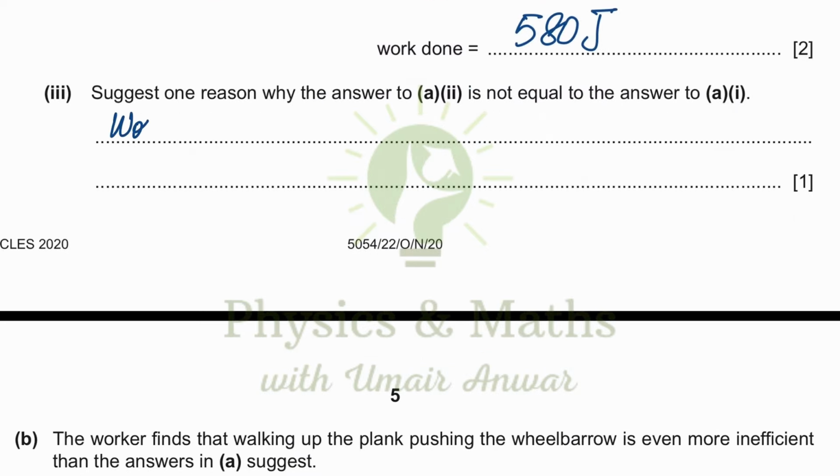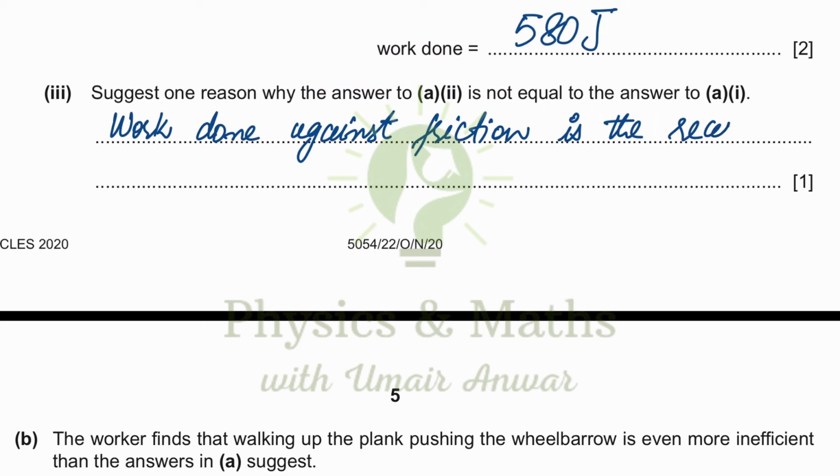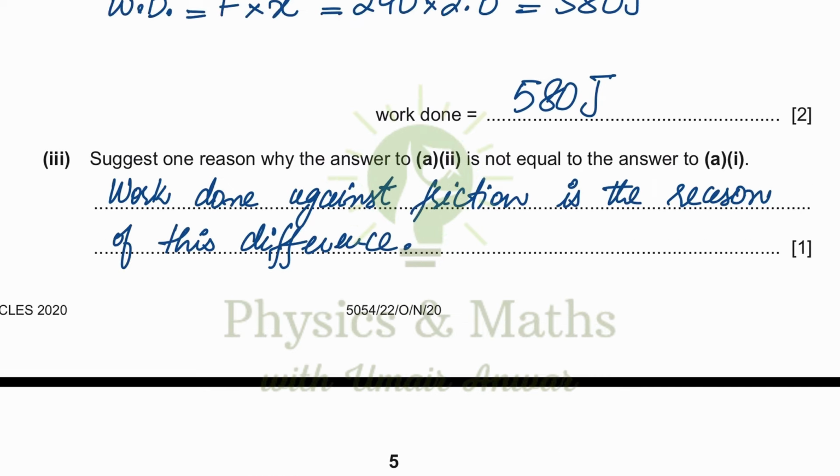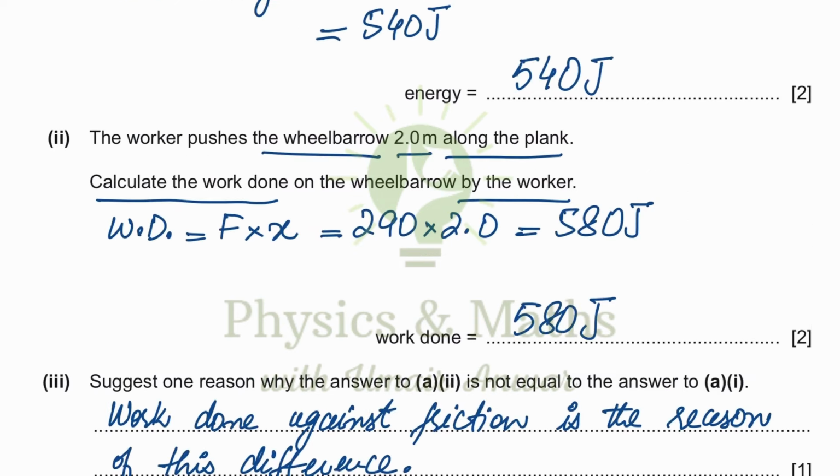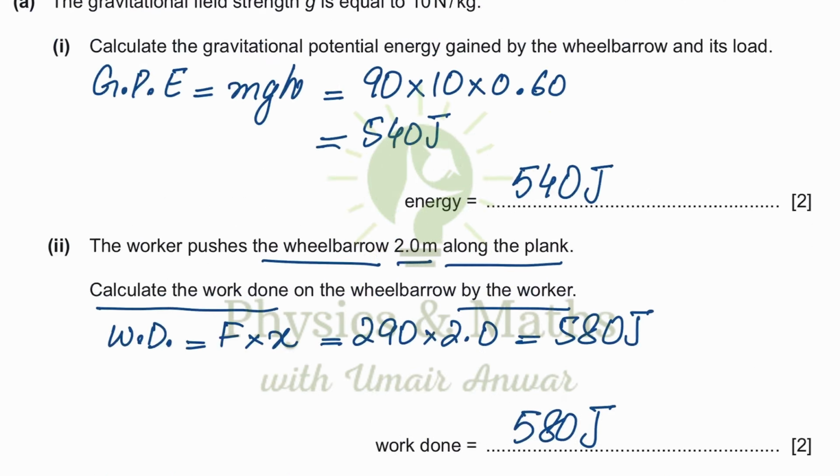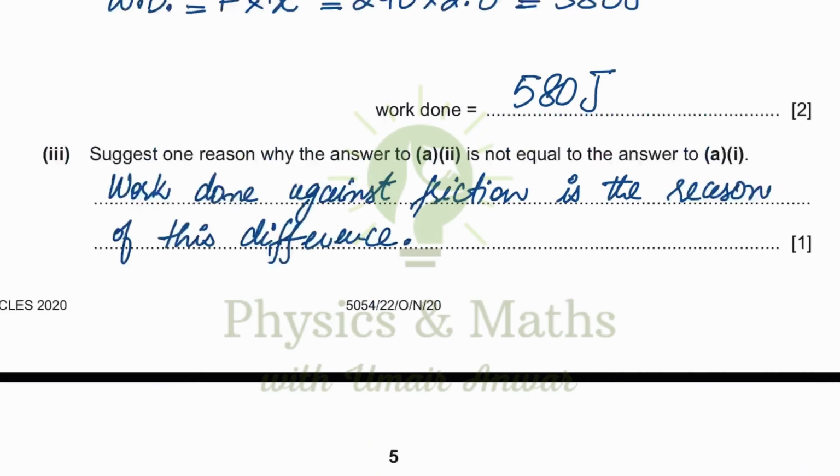One answer could be that work done against friction is the reason of this difference. So there is friction between the surfaces, and for overcoming that friction, some work done or energy would be used. So that much work done would be used to overcome the friction, and the remaining work done would be used to increase the gravitational potential energy of the wheelbarrow and the load.